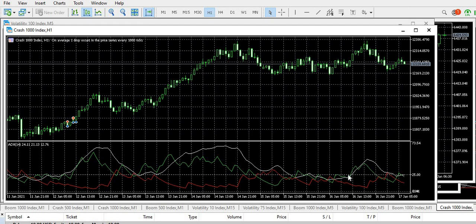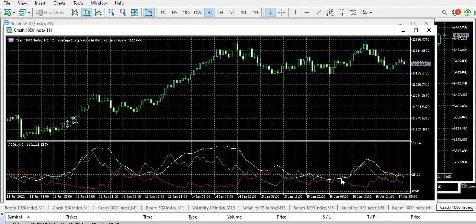So as it starts going up, check which color is on top and which color is at the bottom. So you see from this point, the red line, which are the bears, had been consistently facing down. Okay, so it was so easy to predict here.